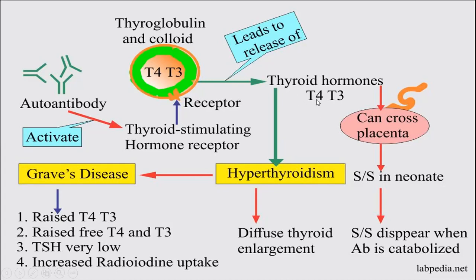When there is increased production of T4 and T3, it causes enlargement of the thyroid gland, and eventually this leads to the autoimmune disorder we call Graves' disease, characterized by high T4 and T3, high FT4 and FT3, a very low TSH, and an increased radioiodine uptake.